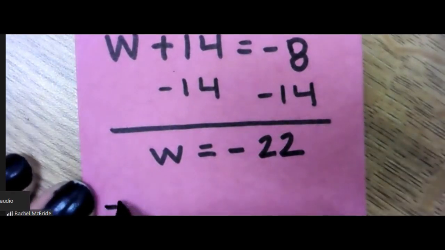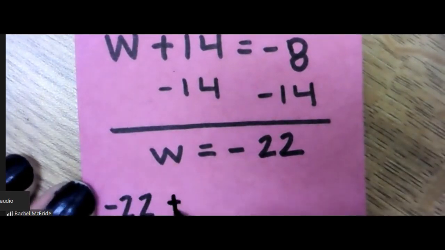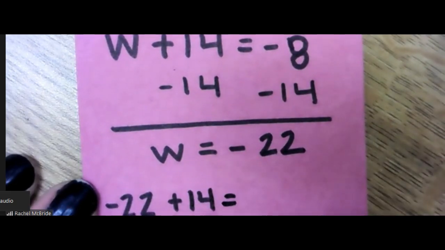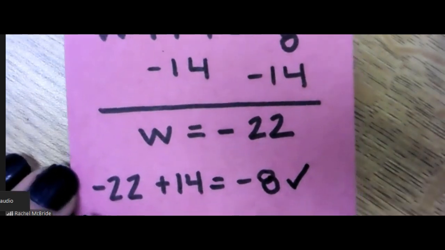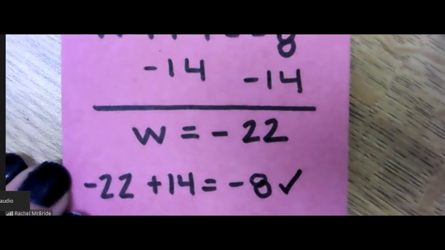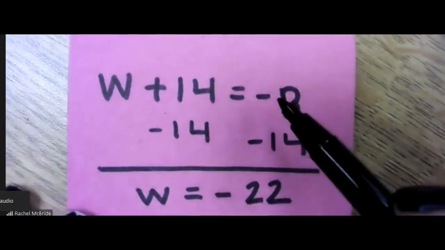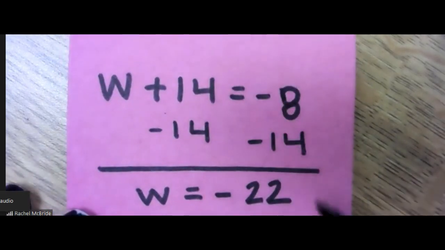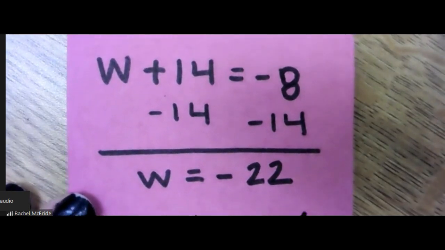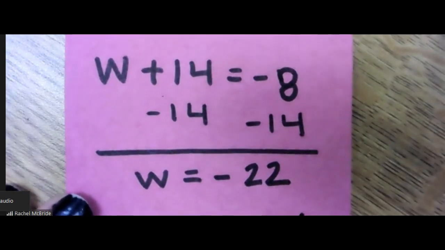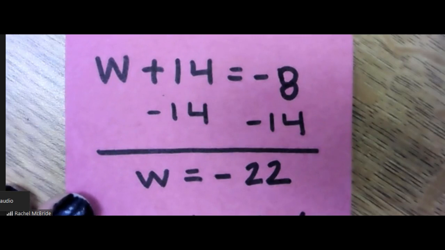To check, you get negative 22 plus 14. So negative 22 plus 14 is in fact negative 8. Good? Better? Did you take negative 8 and add 14? Gotcha.